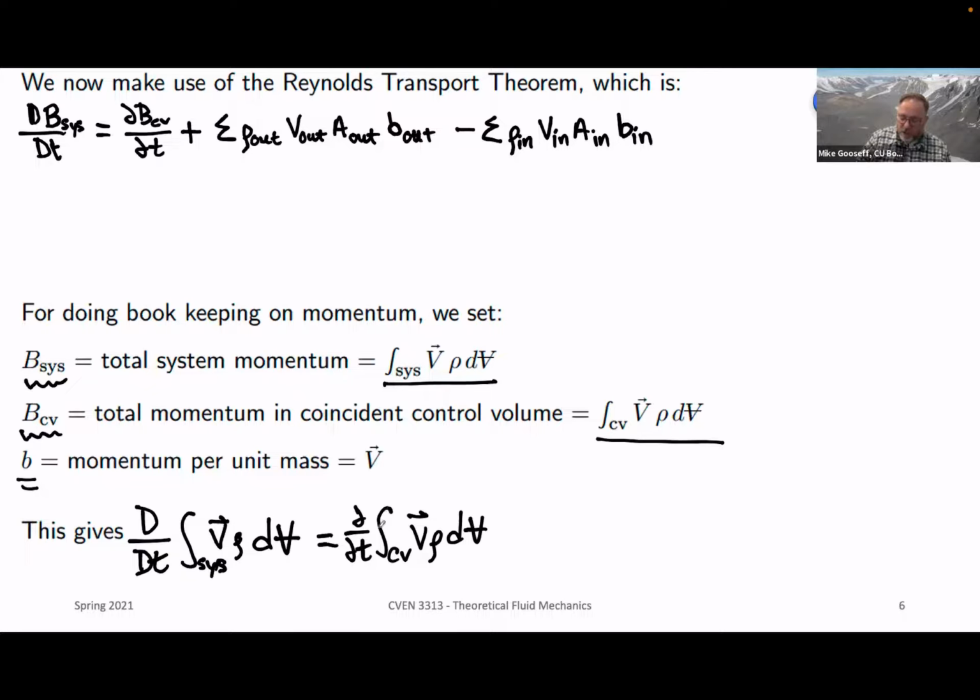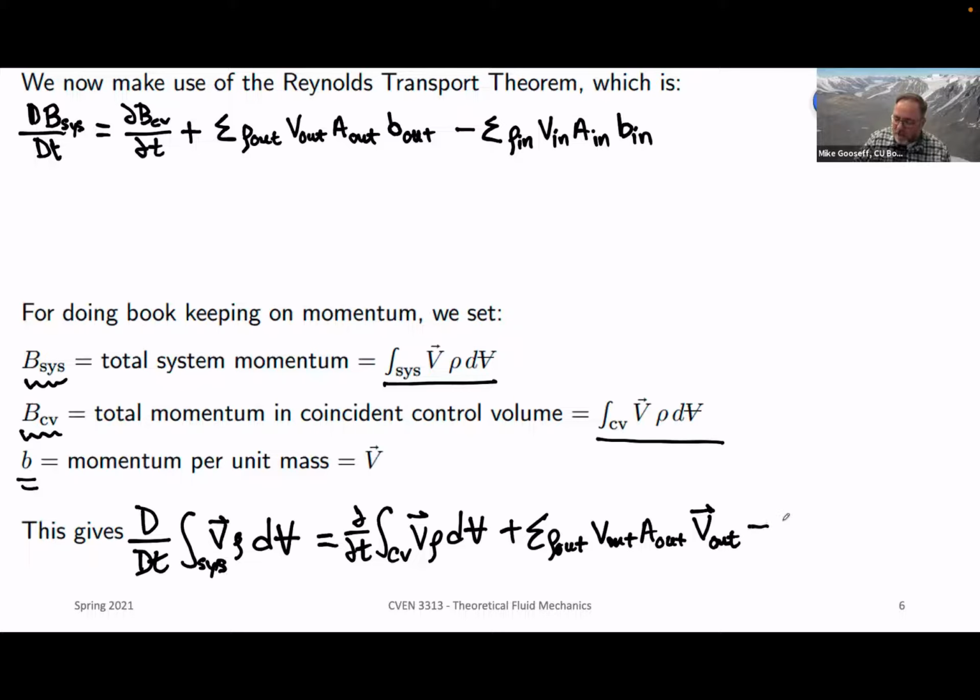Remember, we are integrating over the entire volume of the control volume, plus our exchanges, which don't change. So we have this sum of the outputs of momentum. We replace little b with the velocity vector. So rho out, v out, A out, and then we have a velocity vector here, which is out as well.